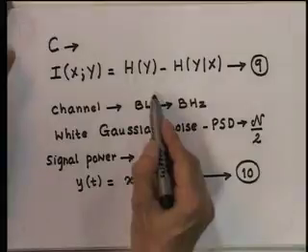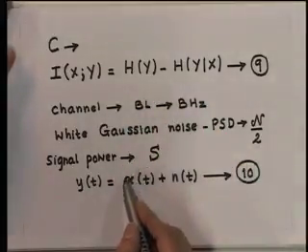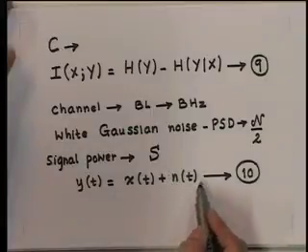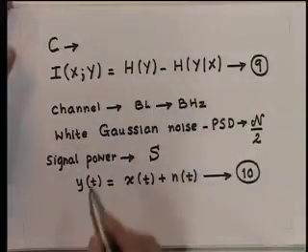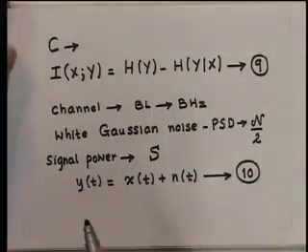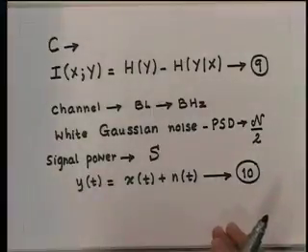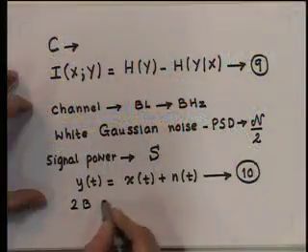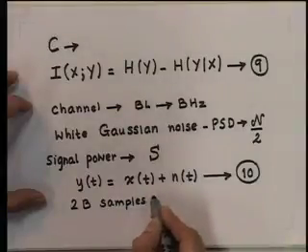Now, because the channel is band limited to B hertz, both the signal x(t) and the noise N(t) are band limited to B hertz. Obviously, y(t) is also band limited to B hertz. Now, all these signals can therefore be completely specified by samples taken at the uniform rate of 2B samples per second.